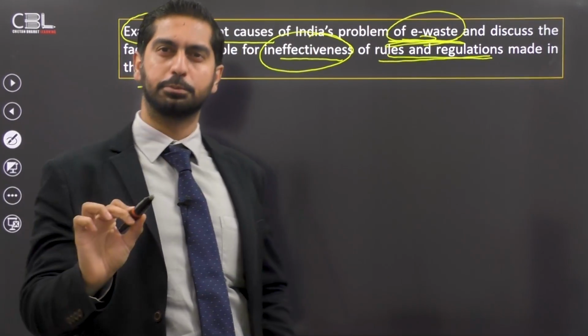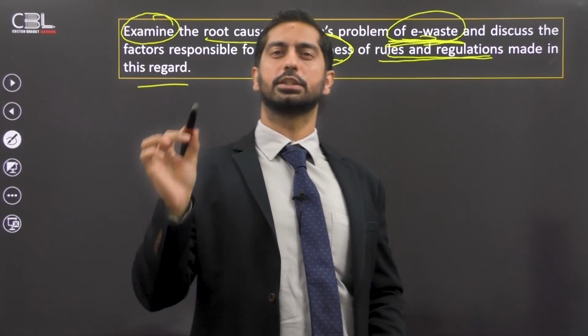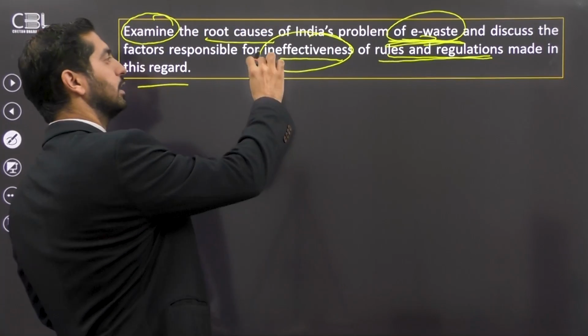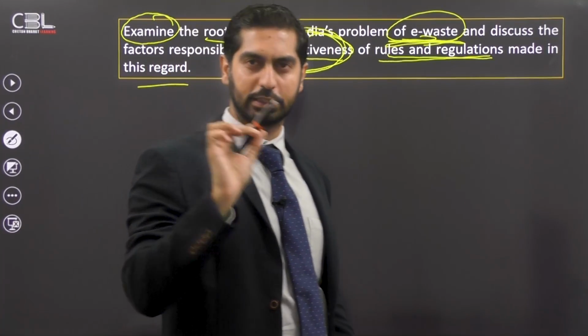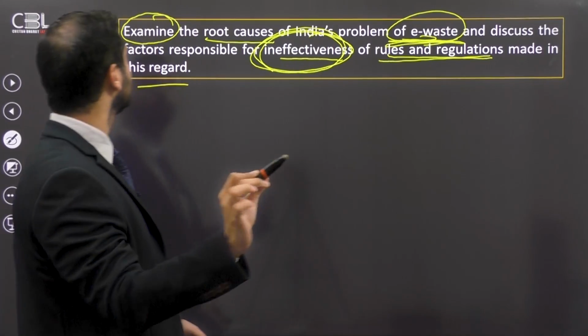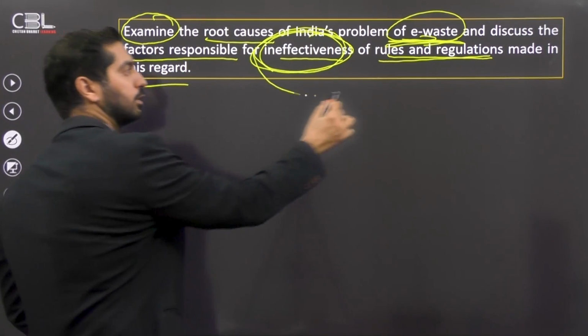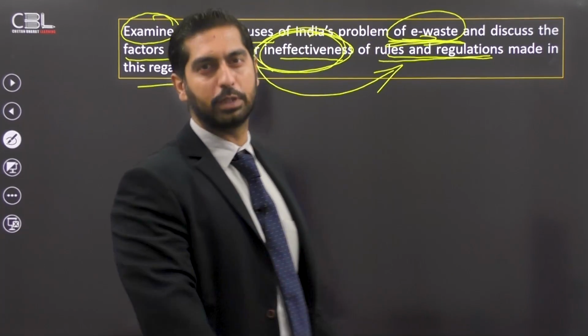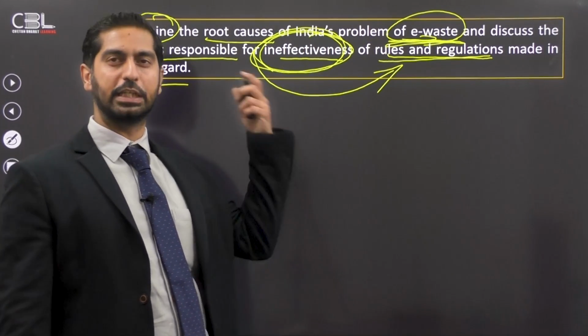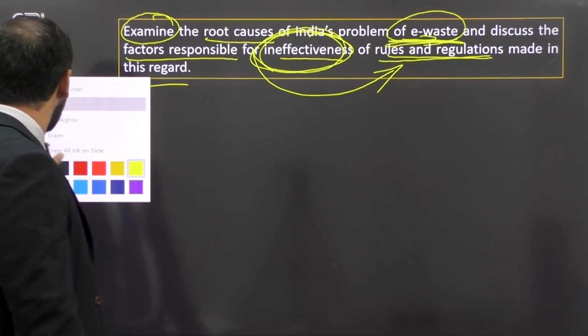The question assumes that there are certain rules and regulations that are in place, but the effectiveness of those rules and regulations is in question. So we are supposed to discuss the factors responsible for this ineffectiveness. These are the two parts of the question, and we'll try to address both the parts in our answer.